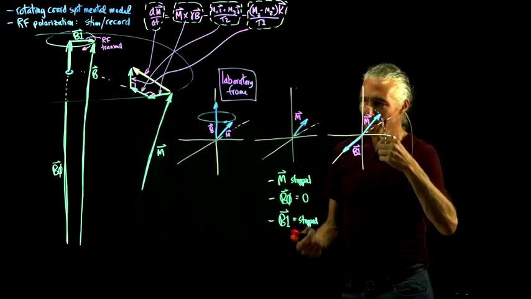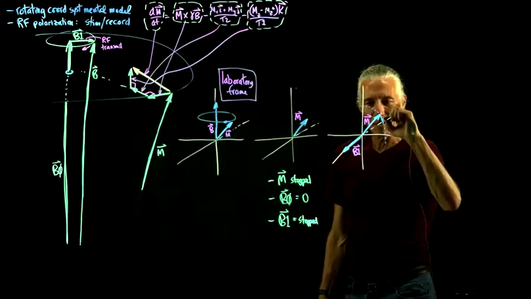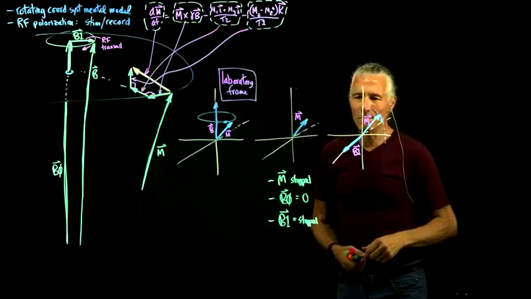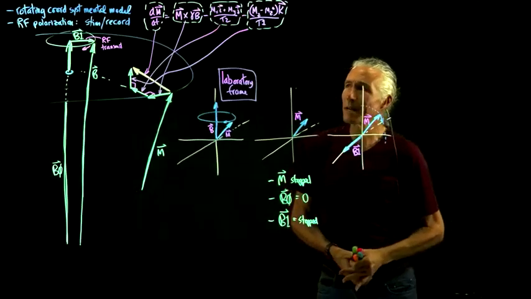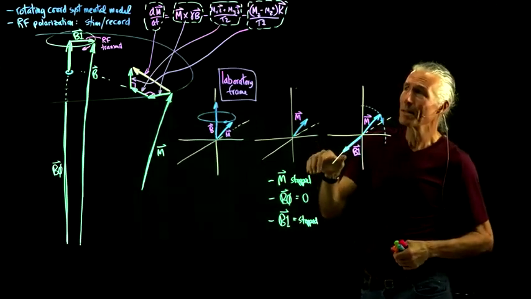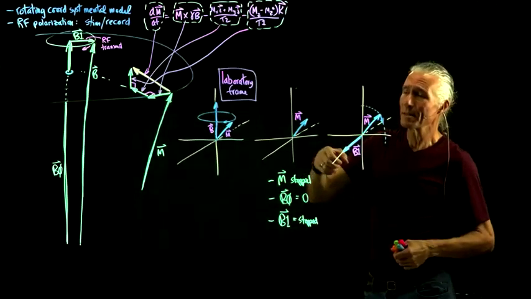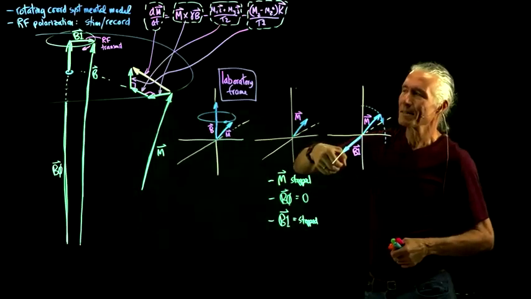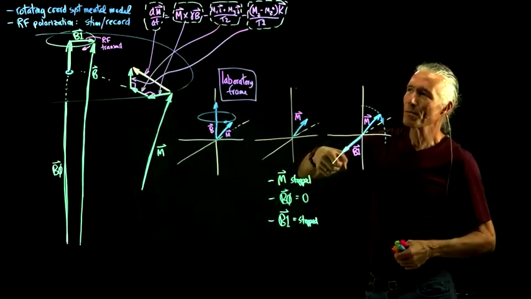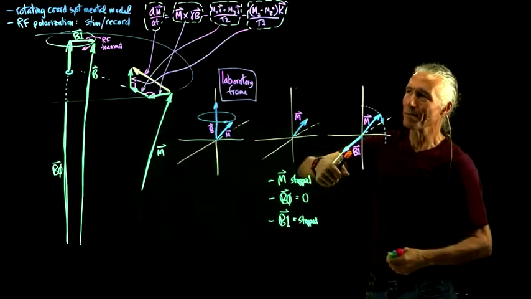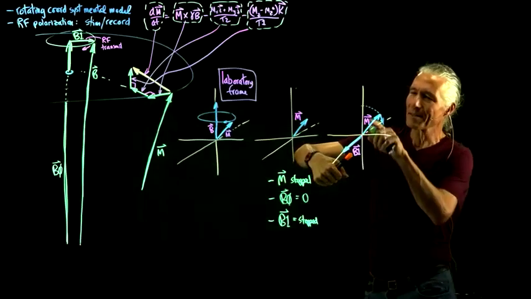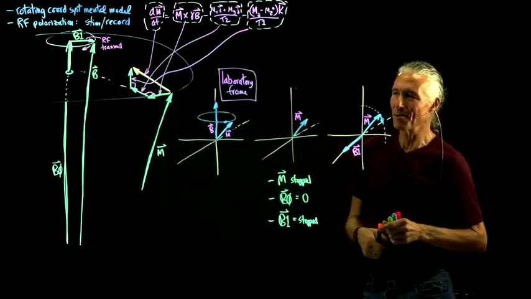And using the right-hand rule, there's another little trick that some MRI physicists use. Let me see if I can do it. I've got to use my left hand. If you move your hand as if you're holding a screwdriver and trying to screw it in, that's the direction the M field is going to go.